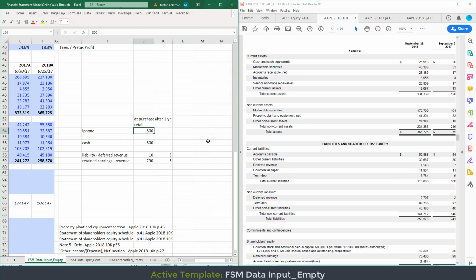Now, no cash has come in from that iPhone, and the same thing in year 2. After year 2, the liability again goes down, and now the liability is 0, and Apple has recognized 5, right? So there's a decline here of 5 and an increase of revenue here, and another decrease of 5 here and an increase here.